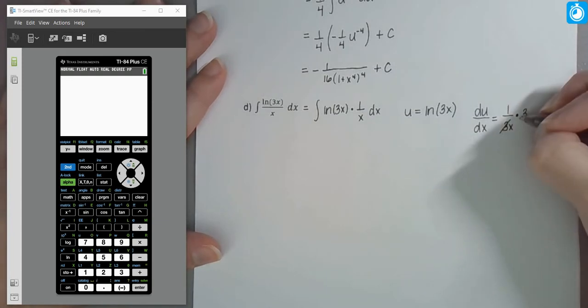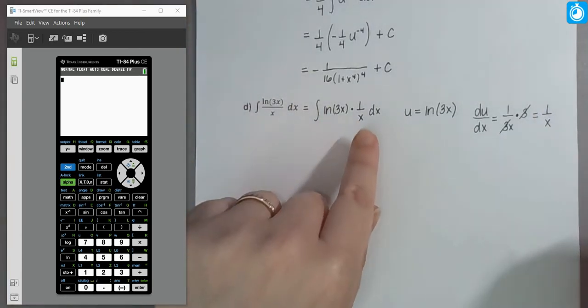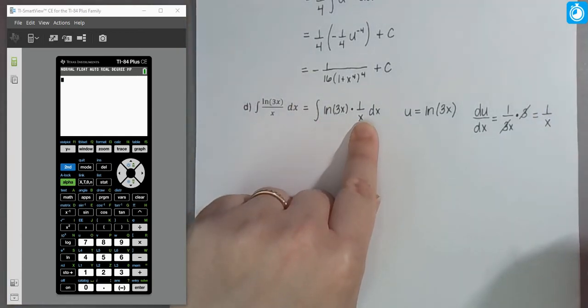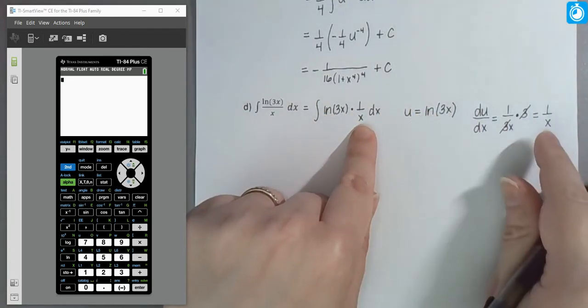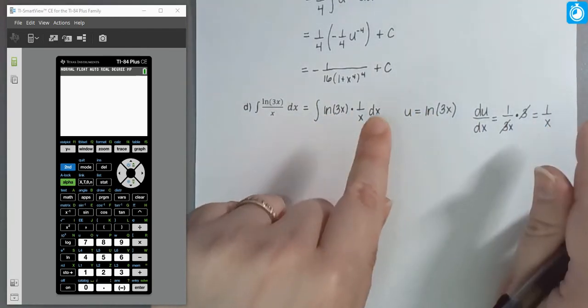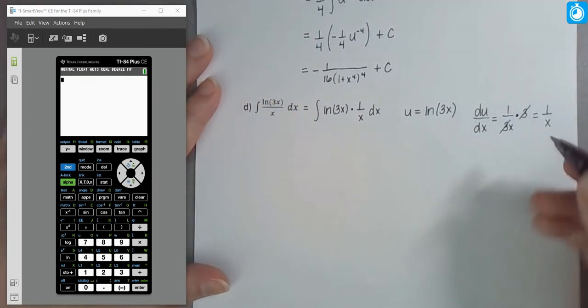And notice in this case, those 3's cancel out, and we're just left with 1 over x, which is exactly what we have right here. So we have a function as well as its derivative. That's a good indication that this substitution will be an appropriate one.